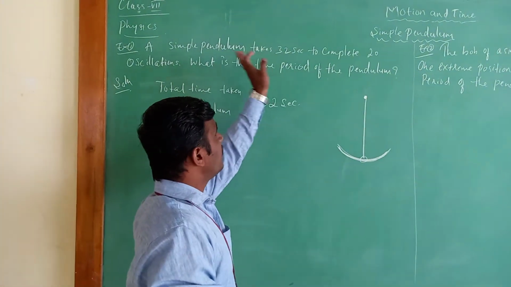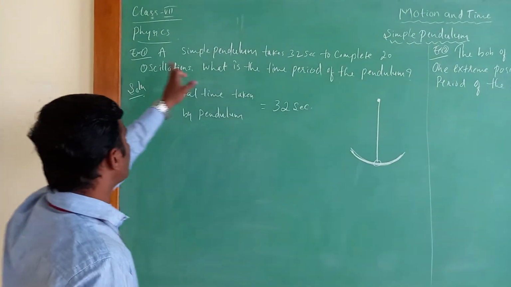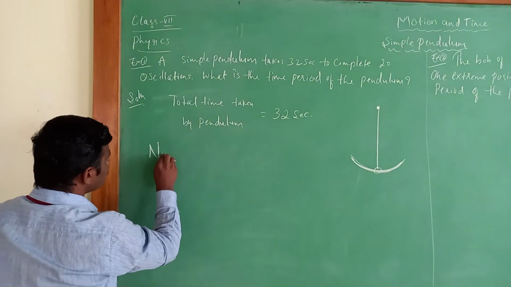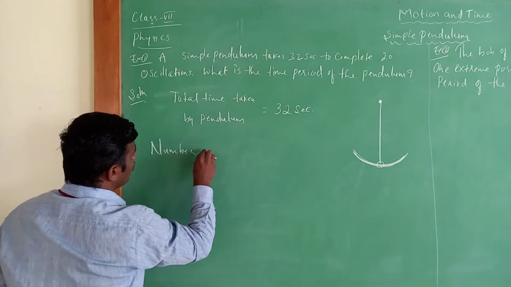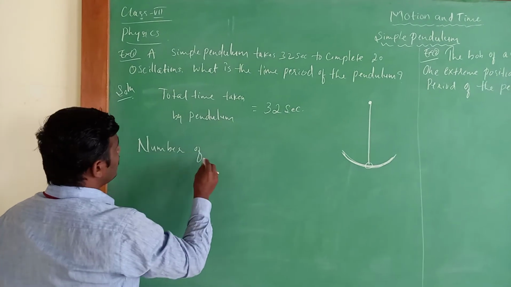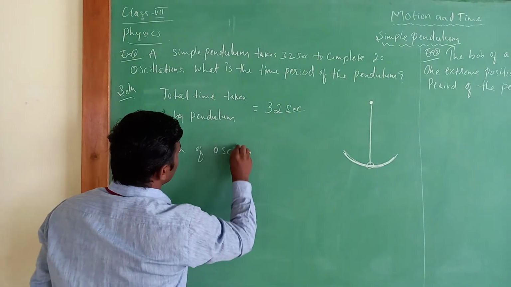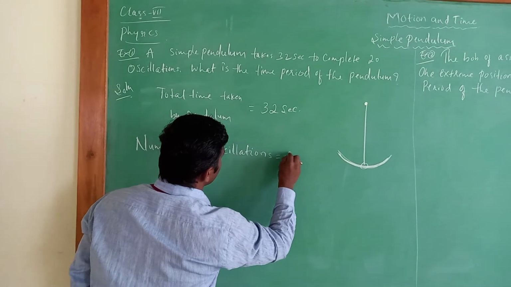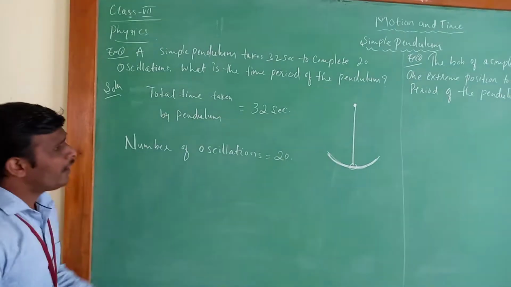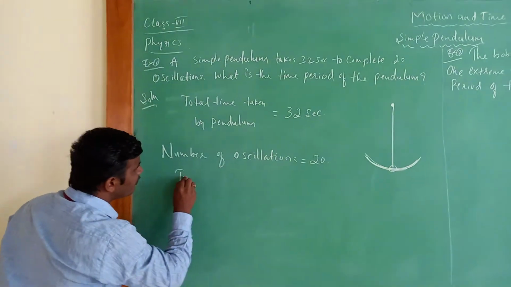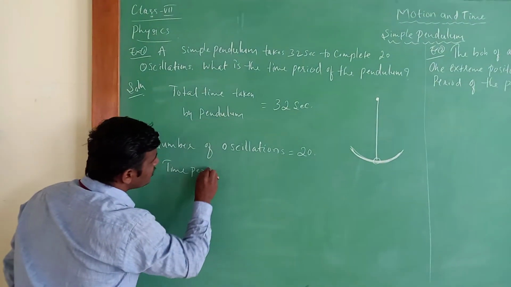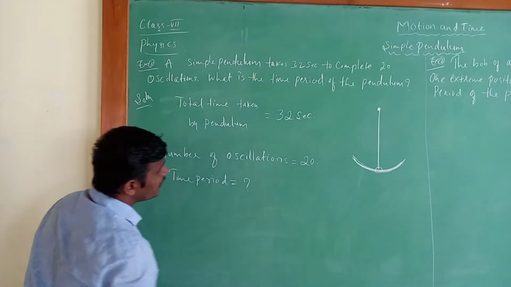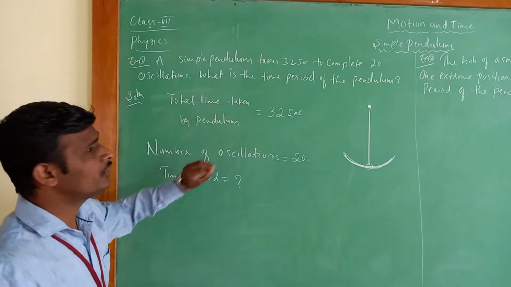And the number of oscillations is 20. Now you have to find the time period. Whatever they have given in the question, you have to write down first.